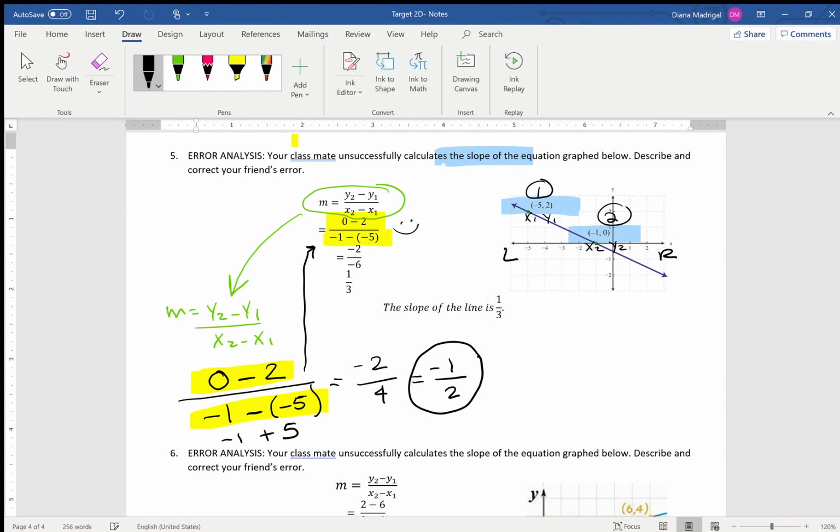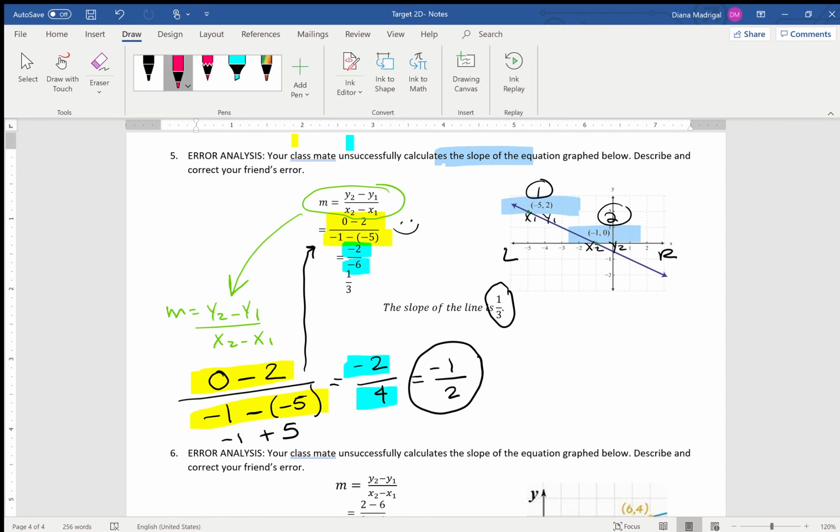This step is good. Next, their final answer, it was -2. Okay, my answer was -2 over 4. Their answer was -2 over -6. So their final answer is 1 over 3. And that is wrong. So I found my mistake.